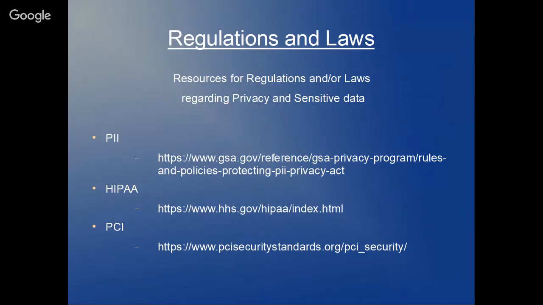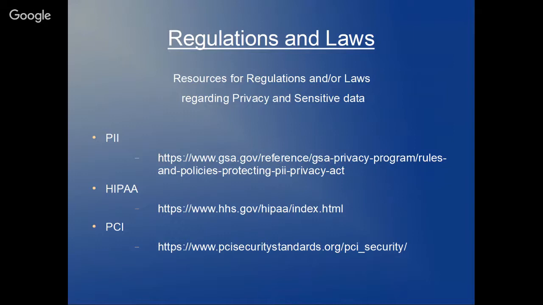And we can send this out to anybody who'd like to have this information, but there's a bunch of websites. We've listed 3 here where you can go to get information about what the requirements, the rules, the laws are. So for PII, that's a nice long-winded one. We'll email that out to you if you're interested.